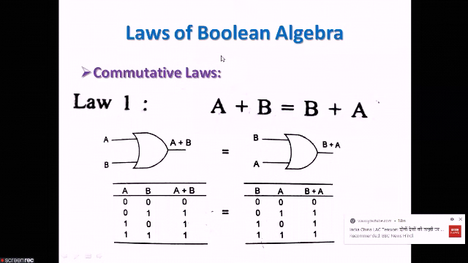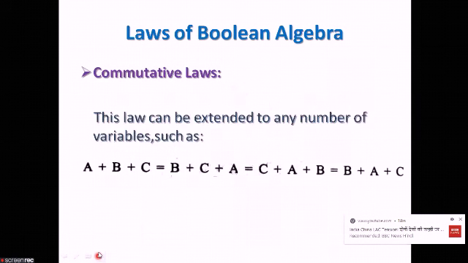Now let us go to the second law. But before moving to the second law, this commutative law can be extended to a number of variables. The law number 1 was A plus B equals B plus A. This law can be extended to any number of variables.